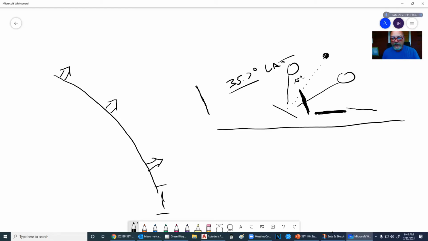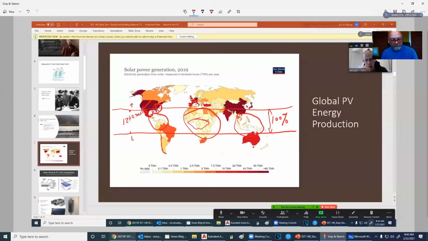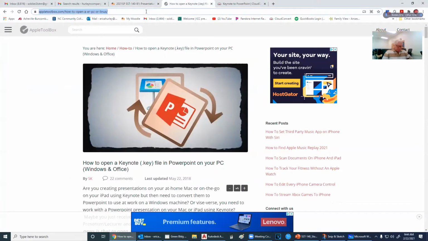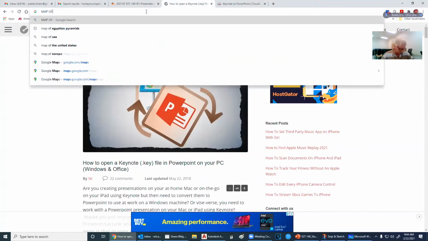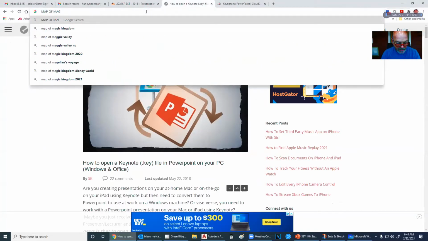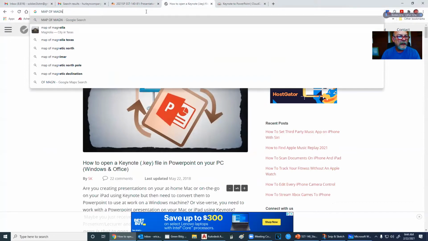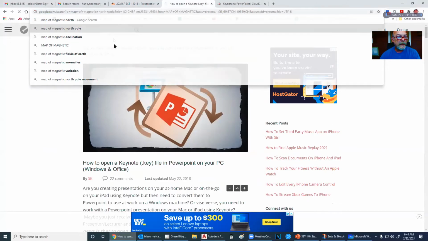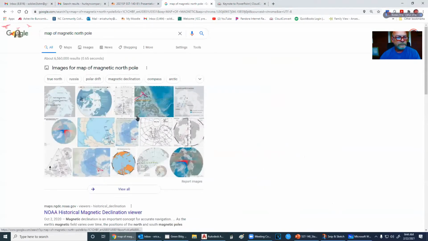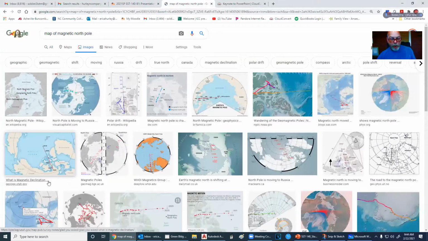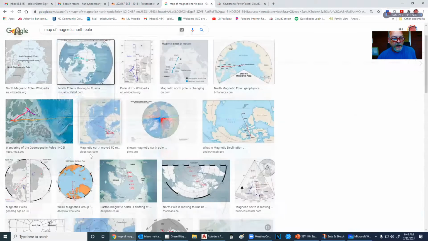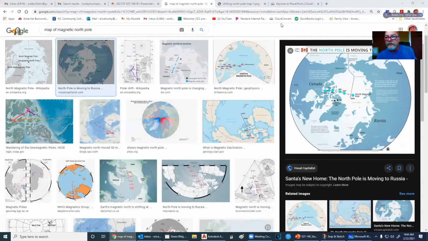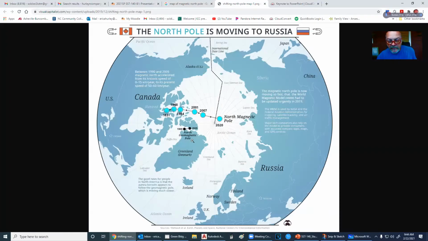And something else we have to play with is declination. So let's see, map of magnetic North Pole. The magnetic pole moves all the time, and this gives you an idea of where that pole is at any given time.